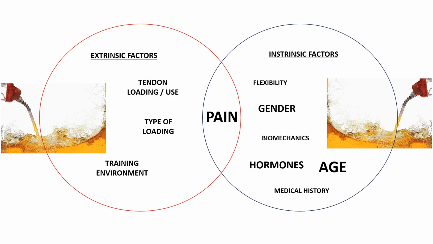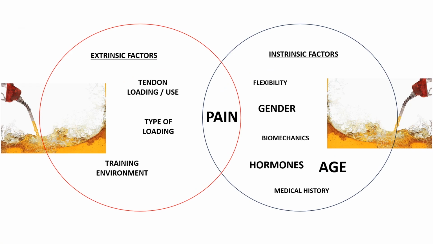So that's extrinsic. Intrinsic: gender, age, hormones, biomechanics, flexibility, medical history, medications, these kinds of things also play a big role. And together they set the stage. So if you have a combination of predisposition and training, typically the main type of loading that's going to be the most strenuous for the patellar tendon, or for tendons in general, is this energy storage and release.